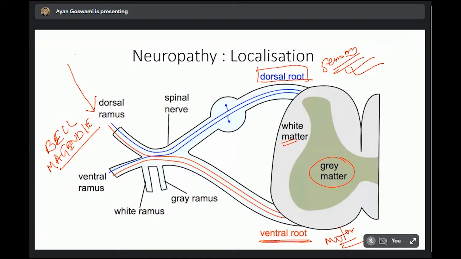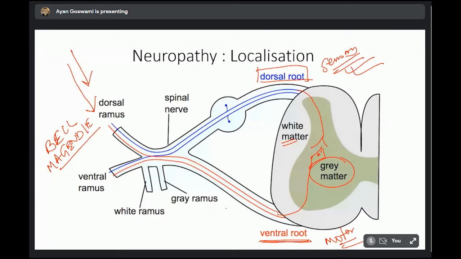In this way, through this dorsal ramus, stretch sensation goes into the spinal cord, and it synapses with a motor neuron, and this motor neuron exits through the ventral root, right? So in the spinal cord, dorsal root is sensory and ventral root is motor. Through dorsal root, your sensory nerve enters into the spinal cord, and through ventral root, your motor fiber exits from the spinal cord, right?